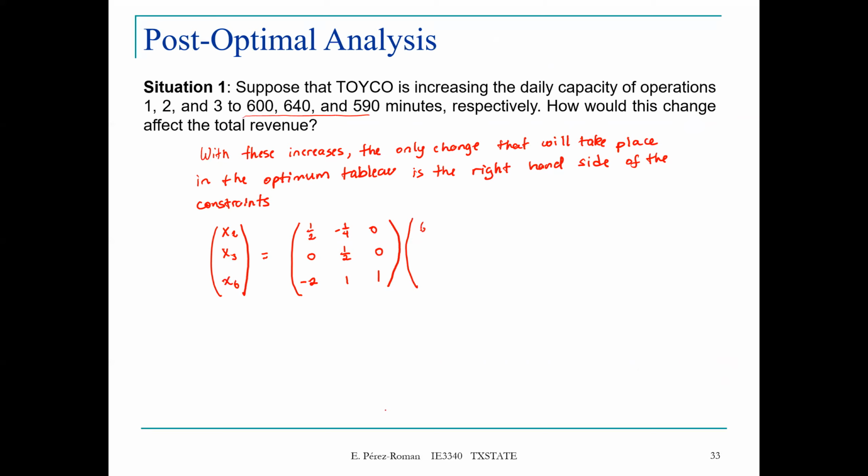So this is 600, 640, and 590. The multiplication of this matrix and vector will give us the following: 140, 320, and 30. So the current basic variables x2, x3, and x6 remain feasible because they are positive.